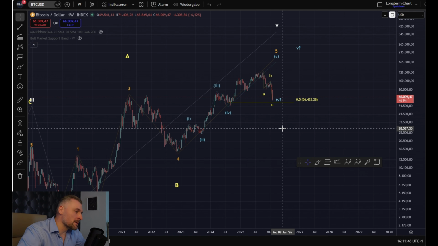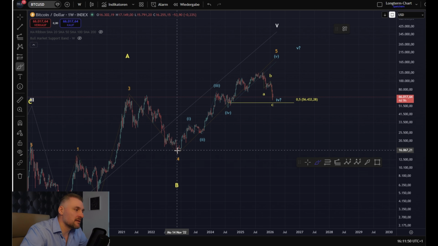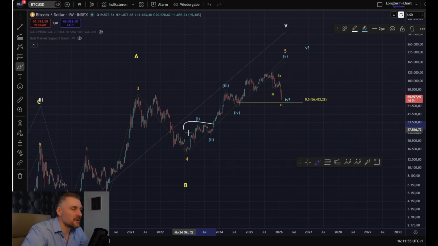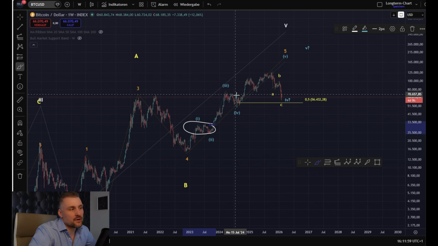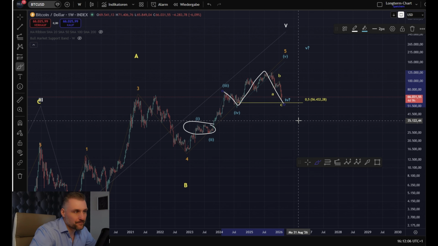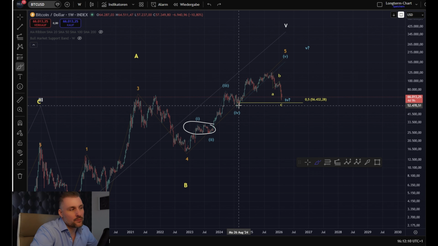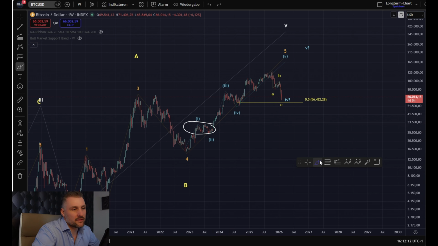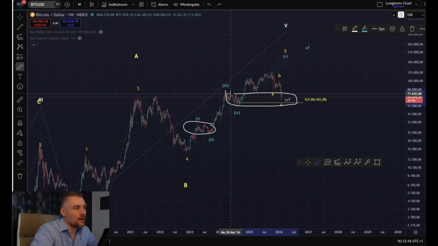But in my opinion, it's really hard to argue that this is still a wave 4, especially when we compare the lengths here of wave 2 with this structure, because that would mean we have an A wave overshooting B wave and coming down now in C. And the length of wave 4 would be really extended, because this all would mean we have here a wave 4.